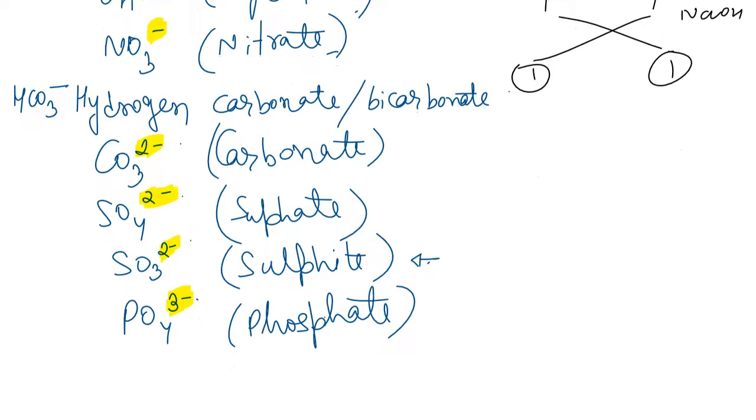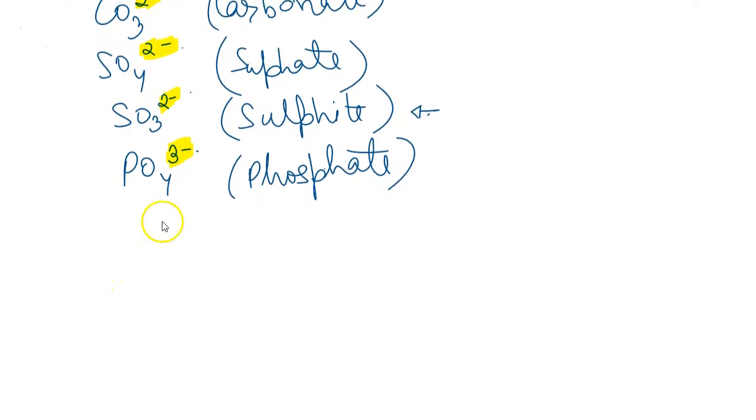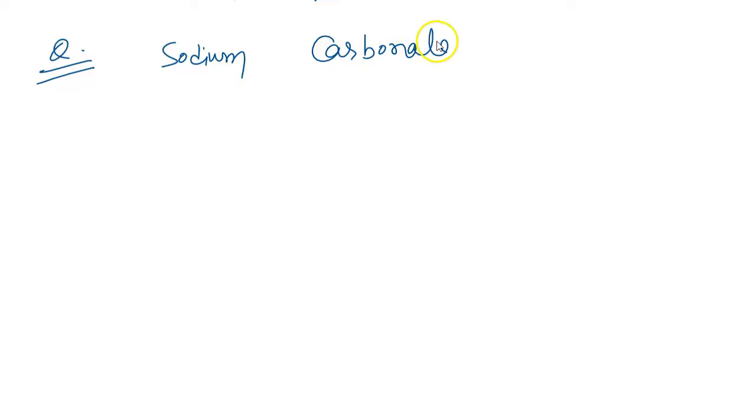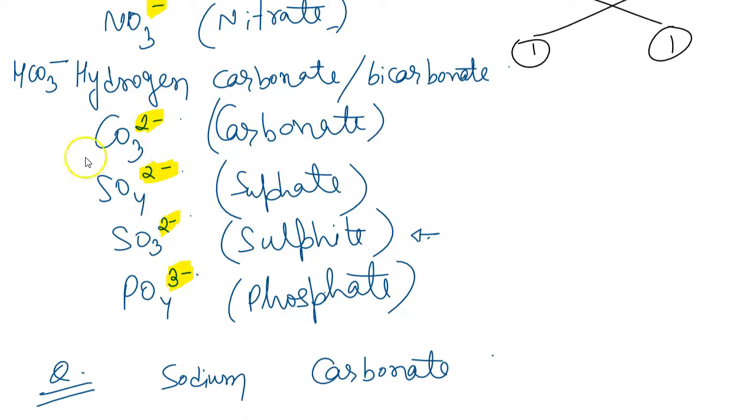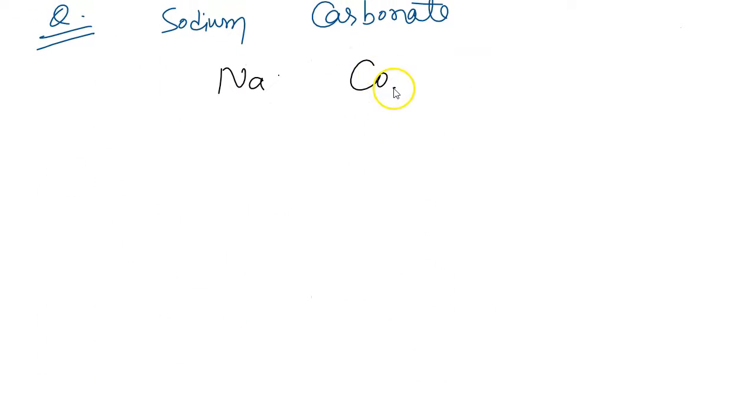So for example, let us use these polyatomic ions and write the name of the compounds. Let us say I want to write the formula of the compound sodium carbonate. So sodium, I know the formula is Na. Carbonate, you can look, it is CO3 2 minus. What is the valency of sodium? 1.